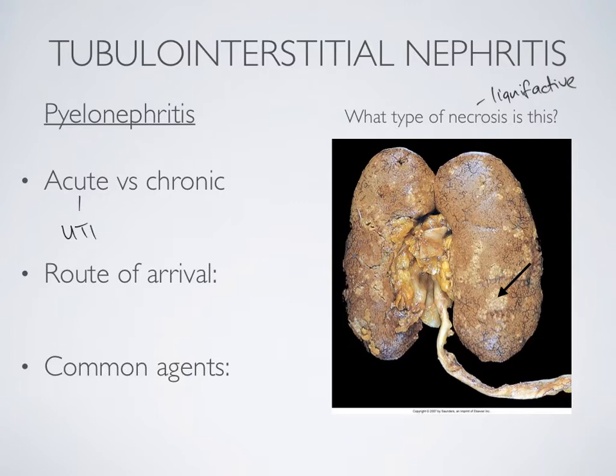Yeah. Maybe if you stop taking antibiotics and it gets worse. Right, so it could be an acute pyelonephritis that never really resolves and turns into chronic. So an acute infection, maybe you start antibiotics and then you stop. Or you drink a little cranberry juice and then you stop.